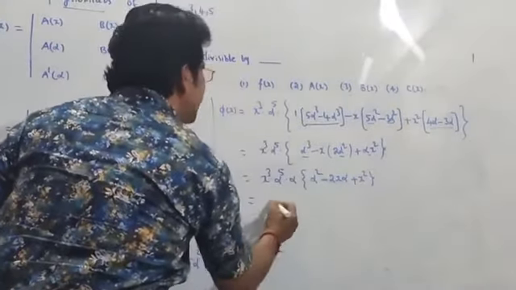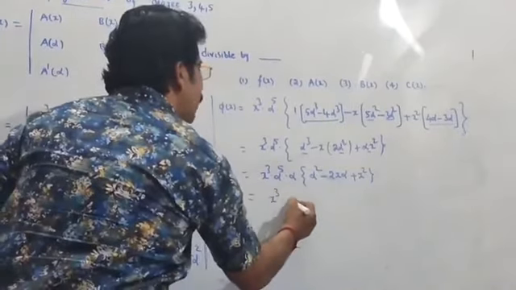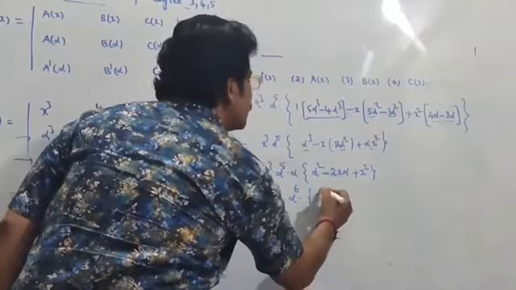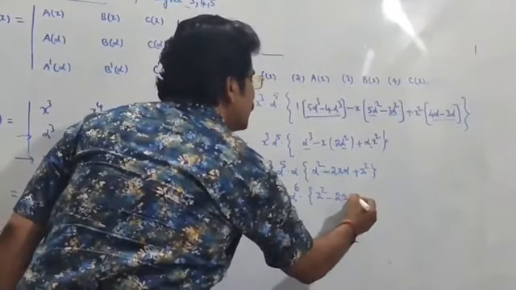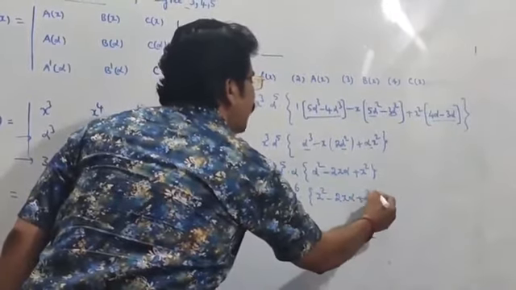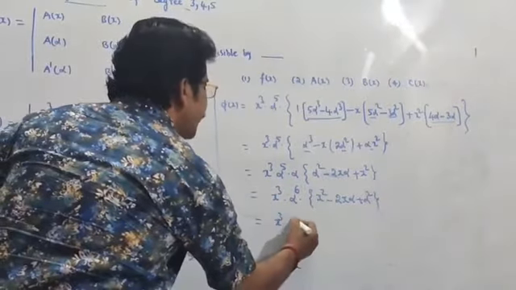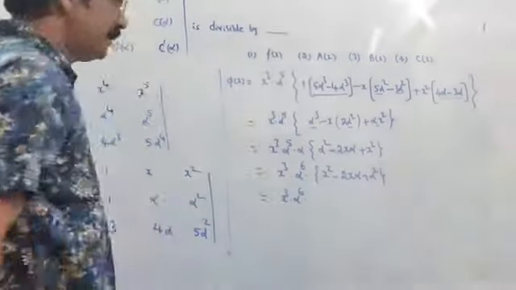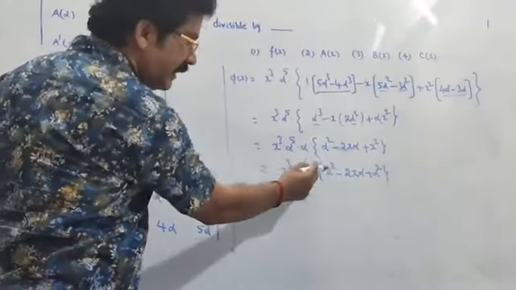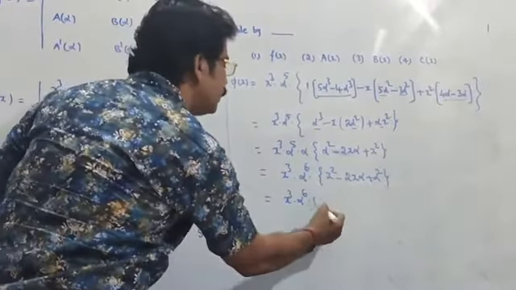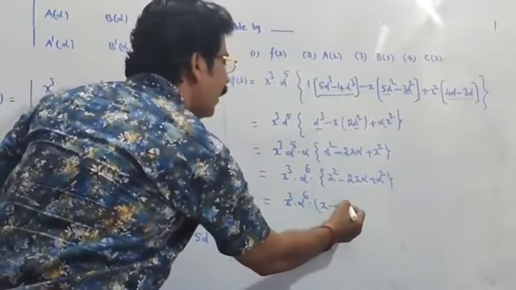So that is equal to x cubed into alpha to the power of 6 into, it is x square minus 2x alpha plus alpha square. So that is equal to x cubed into alpha to the power of 6 into, clearly we see that it is in the form of x minus y whole square. So it is x minus alpha whole square.